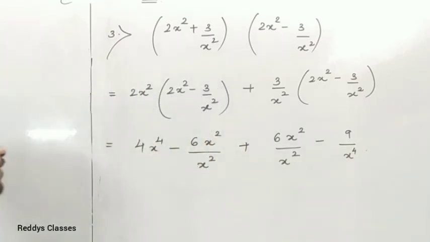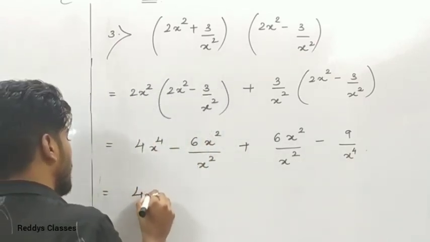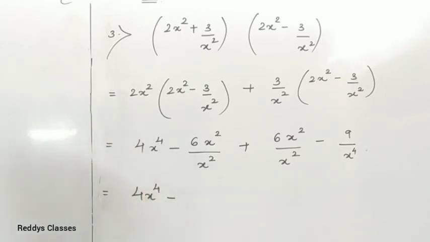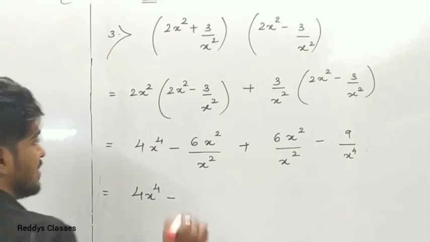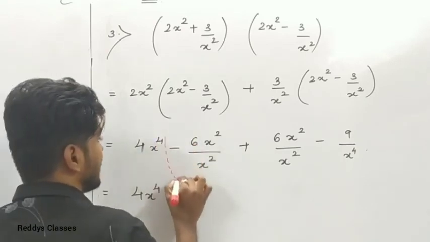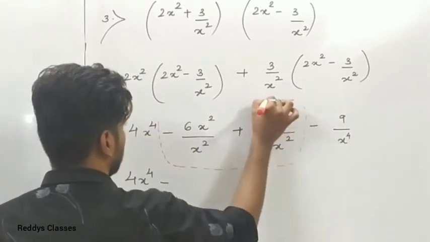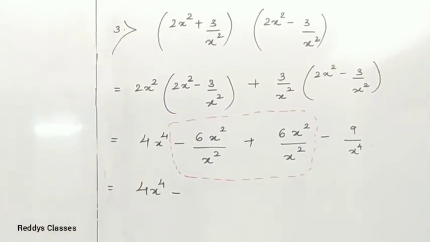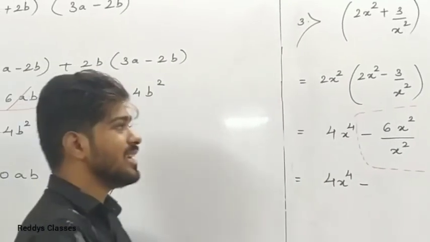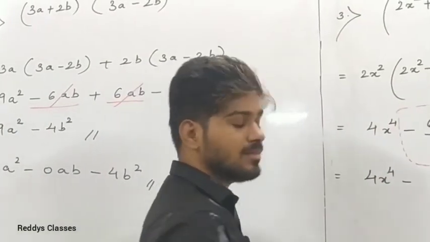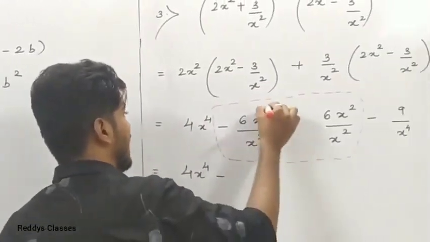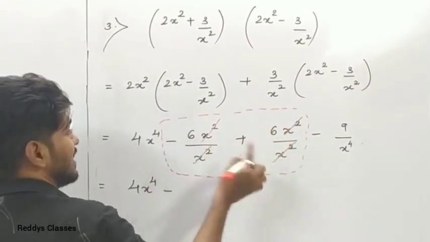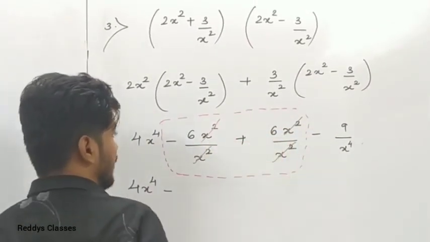See, now what we are going to solve is 4x power 4 minus, you can see once again the term we have is this term. It is the same as the above here. So directly we can cut this term. So x square gets cut, x square gets cut, plus 6 minus 6 is what? 0.